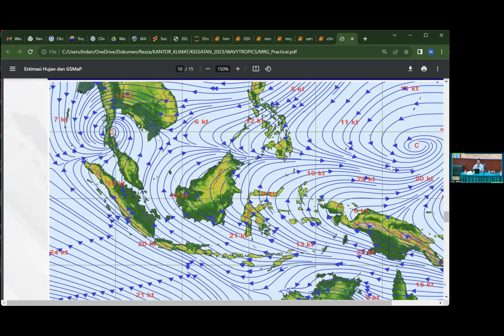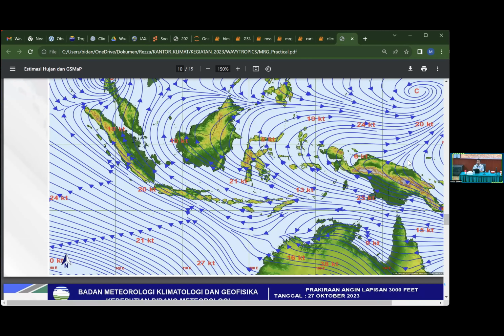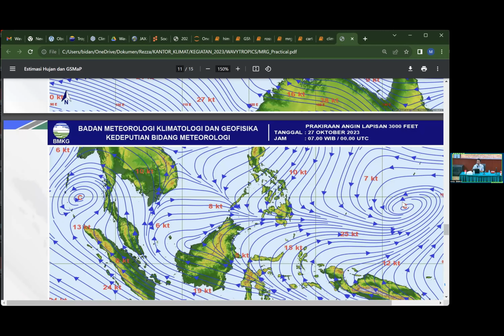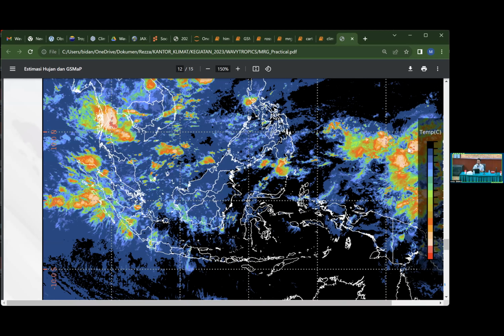So if there is circulation, it is some signal or clue of the existence of the MRG, and if there is a kind of twin vortex, it might be equatorial Rossby or something like that. And it is associated with the cloud cluster, the mesoscale convective system over the Western Pacific.